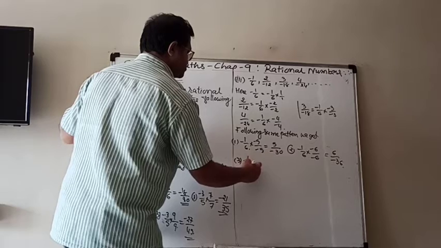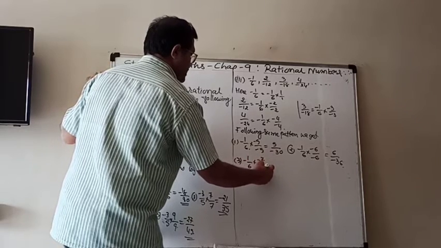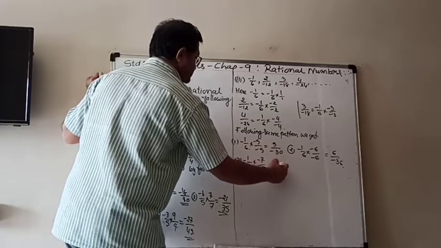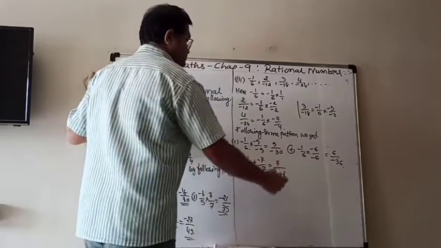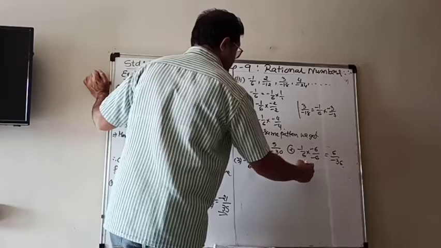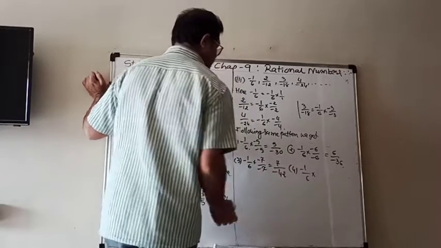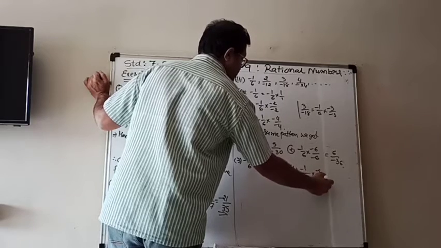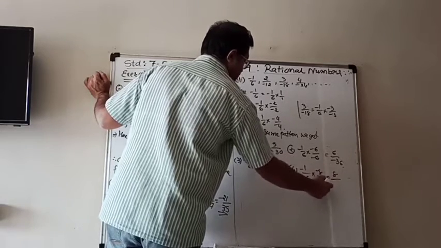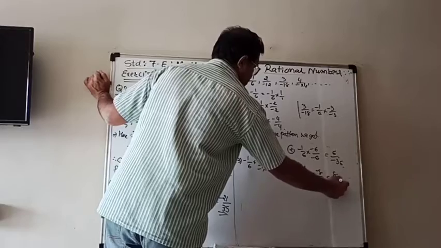Third one, minus 1 upon 6 multiplied by minus 7 upon minus 7, that is 7 upon 6 7s are minus 42. Fourth one, minus 1 upon 6 multiplied by minus 8 upon minus 8, that is 8 upon 6 8s are minus 48.